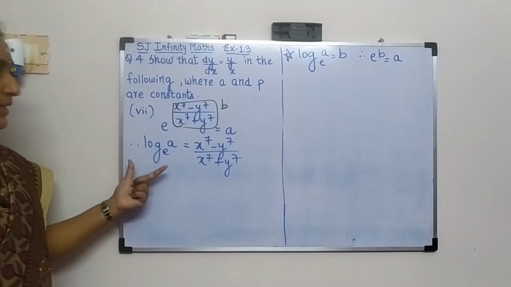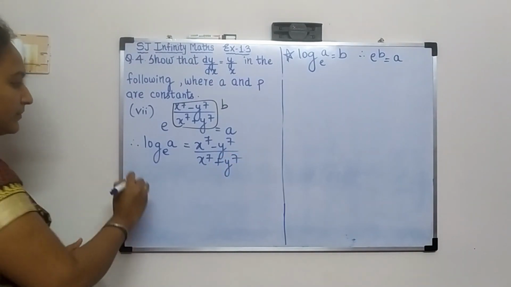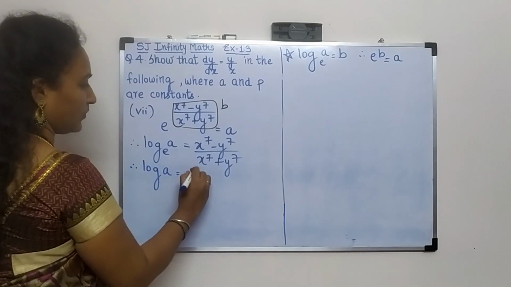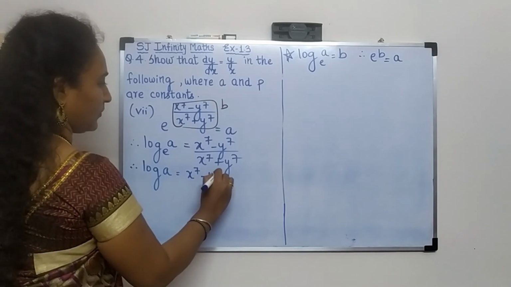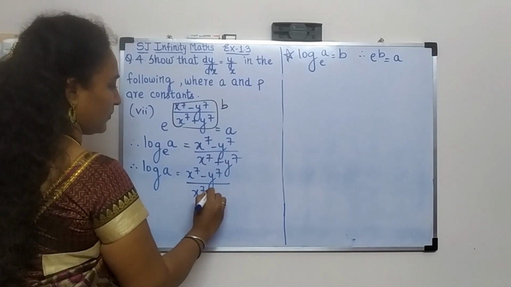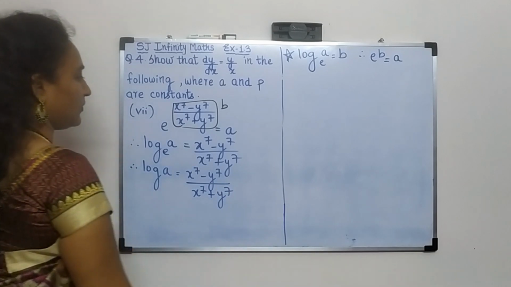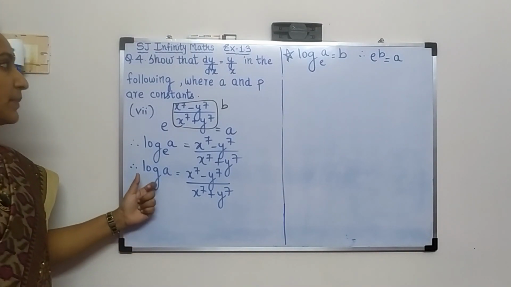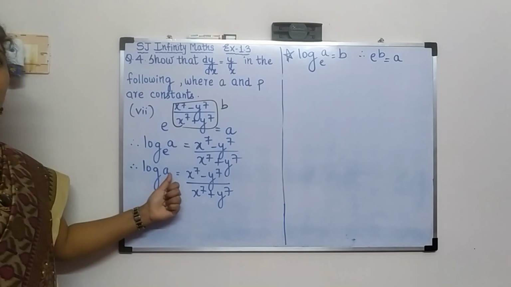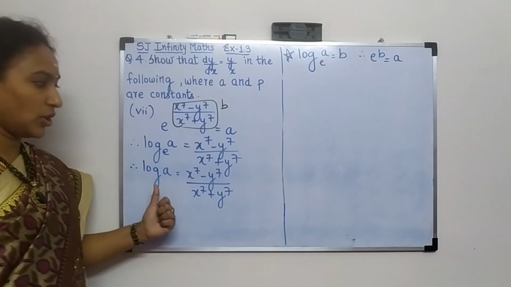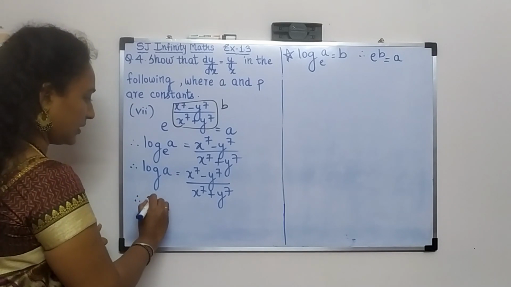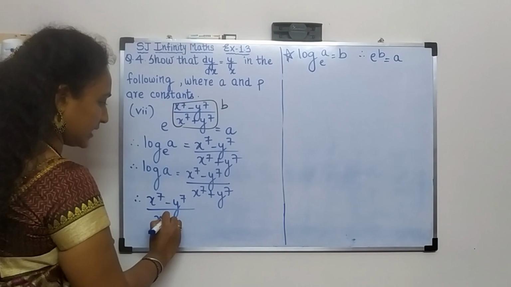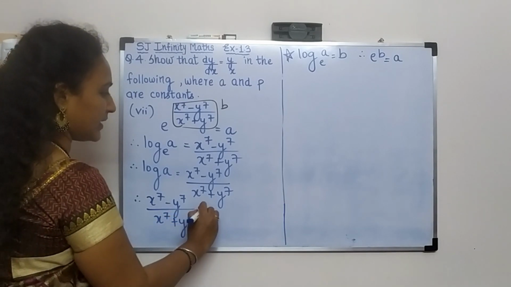As I already said, this will be log a. So log a is now becoming a constant because a is your constant. So log of a will again be your constant. Therefore, x power 7 minus y power 7 upon x power 7 plus y power 7 is equal to m.